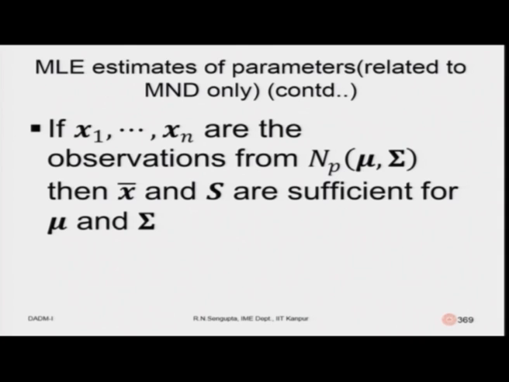So, this x1 we have is basically, the first number is for the random variable, the second number is for the reading.